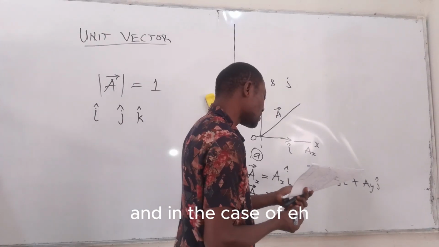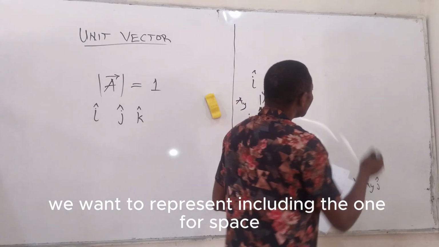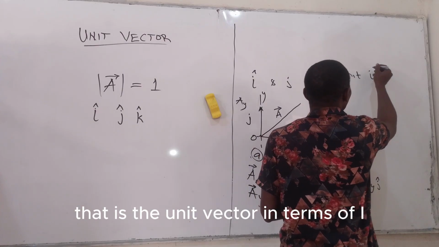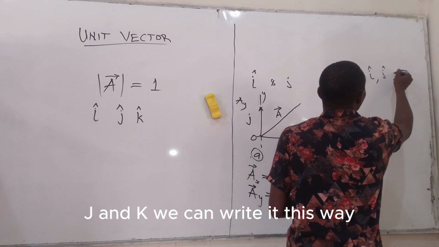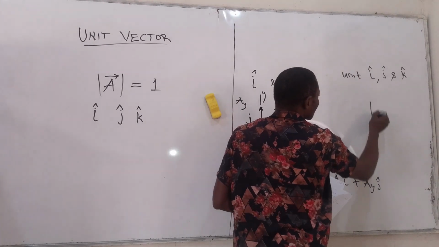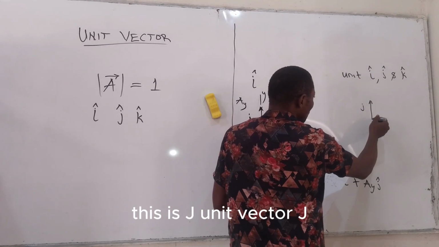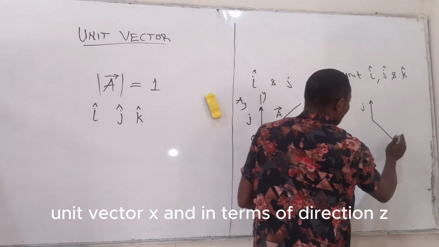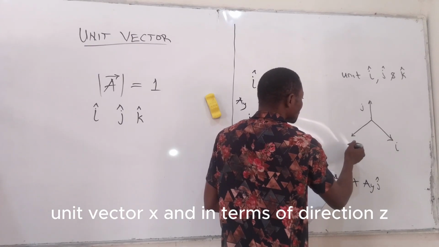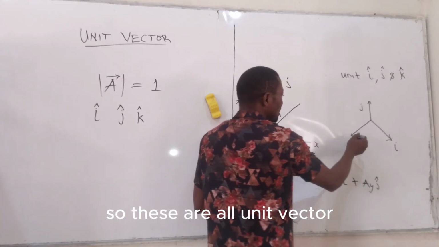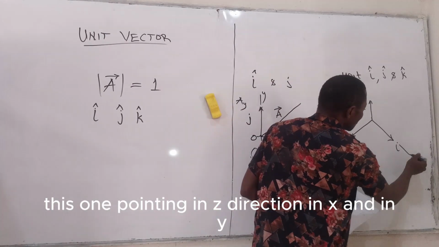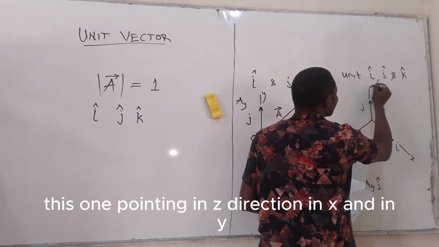And if we want to represent it including the one for space, that is the unit vector in terms of i, j, and k, we can write it this way: unit vector i, unit vector j, and unit vector k in terms of direction z. So these are all unit vectors, pointing in the z direction, in x, and in y.